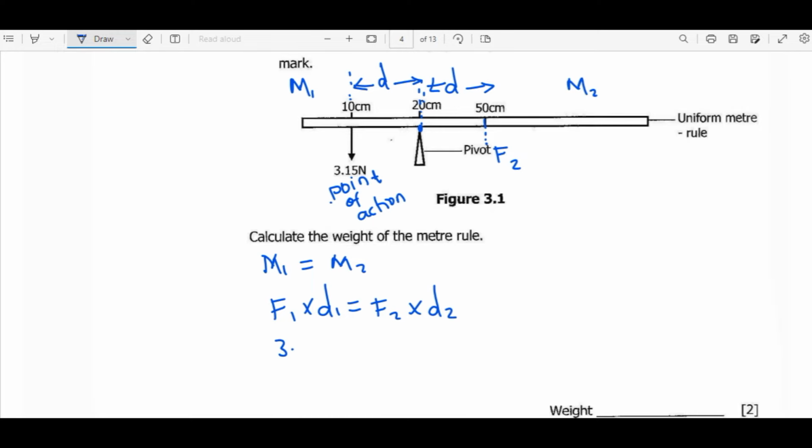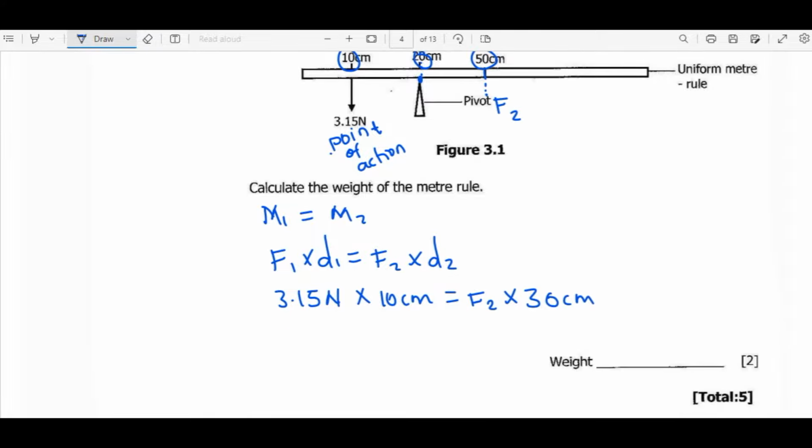Force 1 is 3.15 newtons multiplied by distance 1. The distance from 10 up to 20 is 10 centimeters. Then force 2 is what we are solving for, so force 2 times distance 2. The distance from 20 up to 50 is just the difference, 50 minus 20 is 30 centimeters. Then we can do the math. 3.15 times 10 is 31.5 Newton centimeters, equal to 30 centimeters times F2.